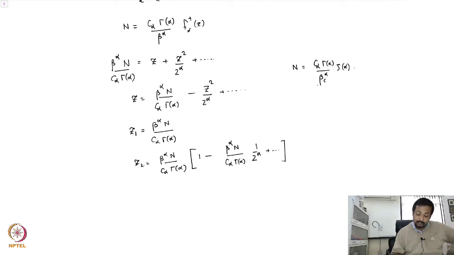So this means n by C_alpha Gamma(alpha) is going to be zeta alpha divided by beta_c to the power alpha.